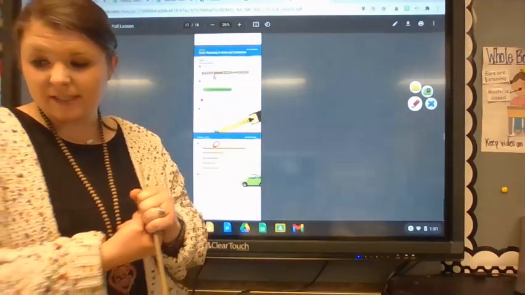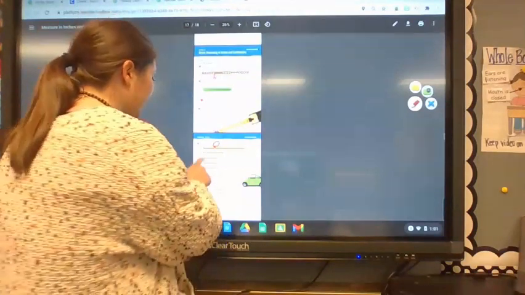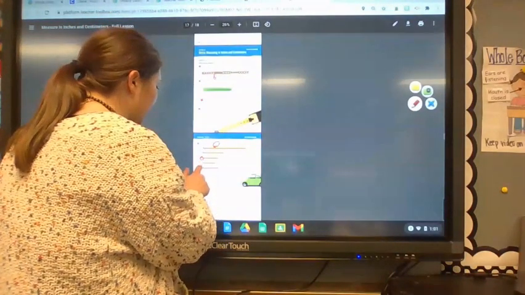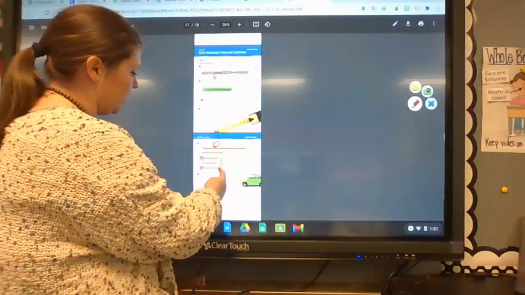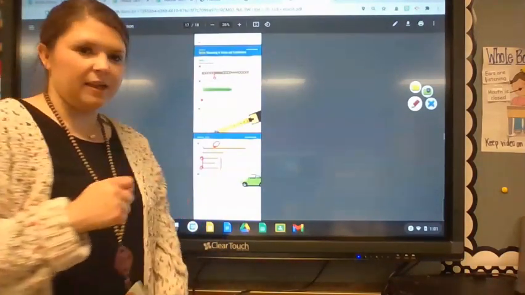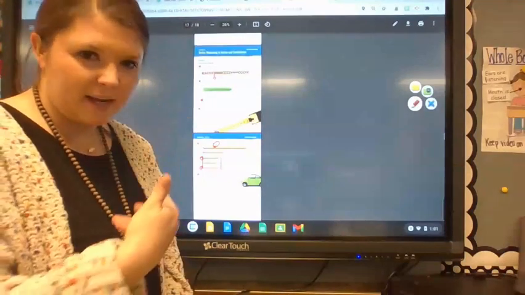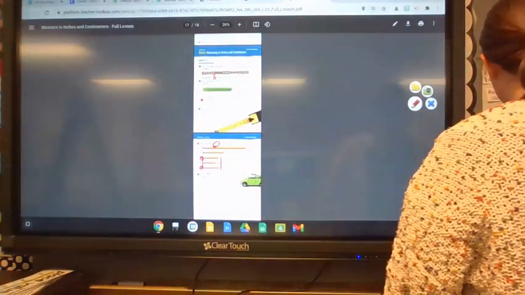Did you find which one is 6 centimeters? Yeah, it was C and E. C and E. You can even tell here that they're the same length, right? They start at the same place and they end at the same place. Great job.